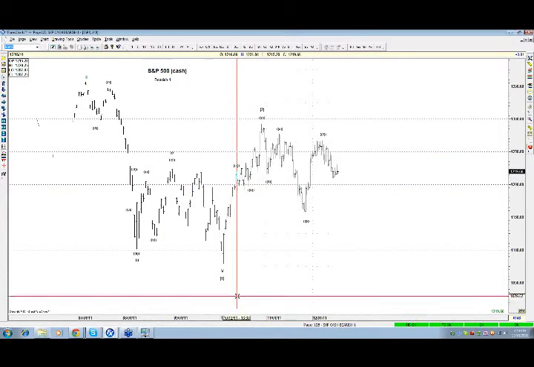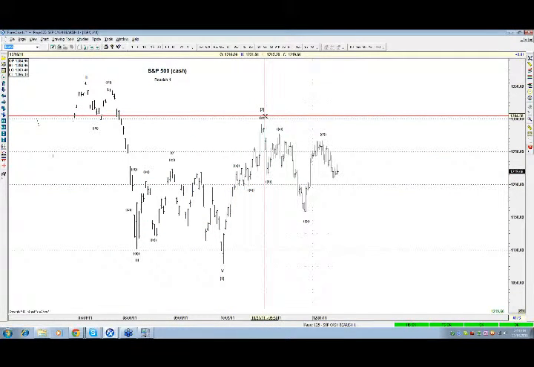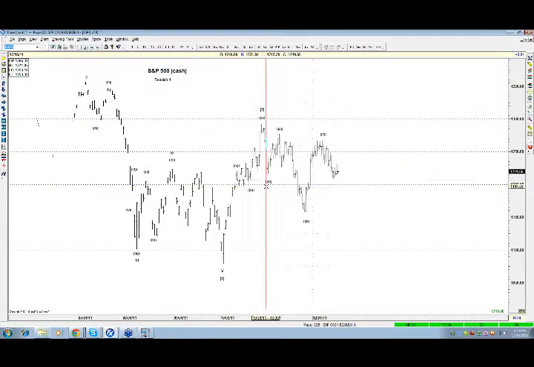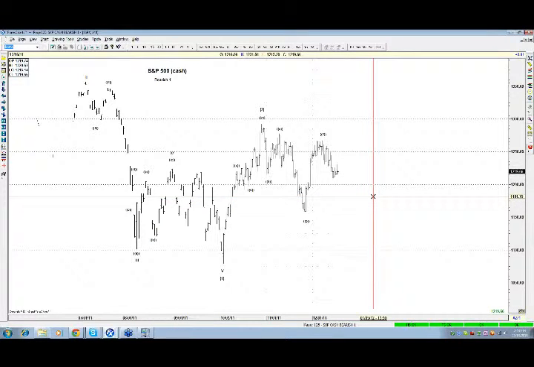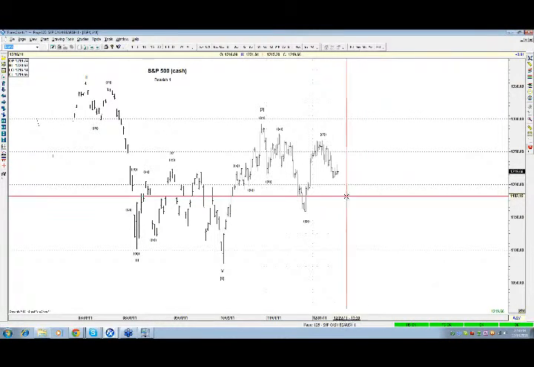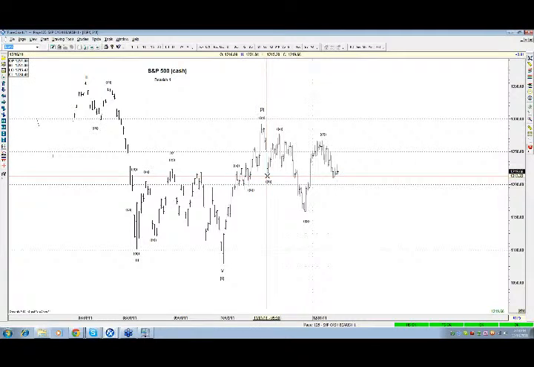You got 5, you got 3 backs, and then you got 1 and 2 nesting to the downside. I see too many nests, but I have to mention to you guys, I don't like this as a 5-wave move, and I'm going to keep saying it until you prove me wrong. I don't like that as a 5-wave move. The declines, this looks corrective.